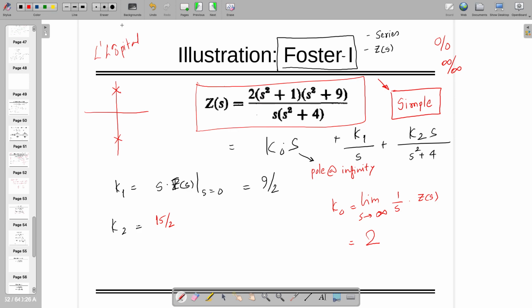If it is on this side, then you cannot synthesize using LC. You can synthesize with RLC or maybe RC or RL. But as a limitation of this course, we are not studying RLC. We are studying only RC, RL and LC. The first topic is LC, where there is no real part.